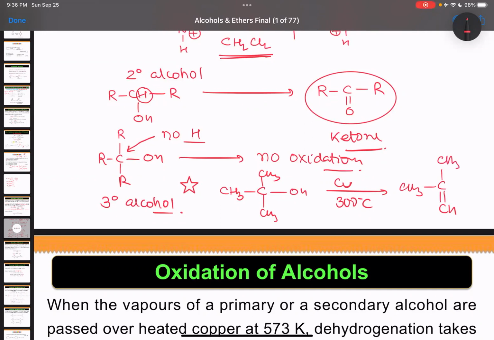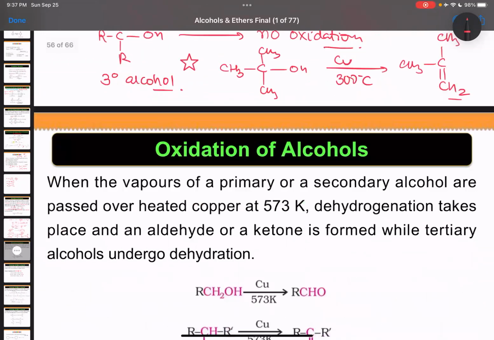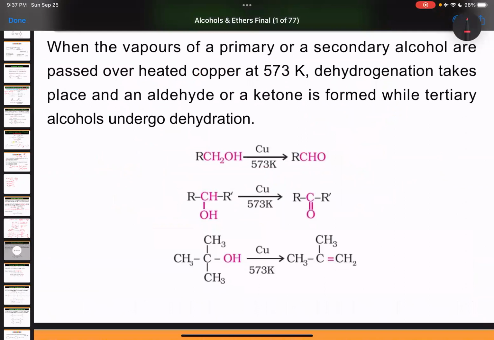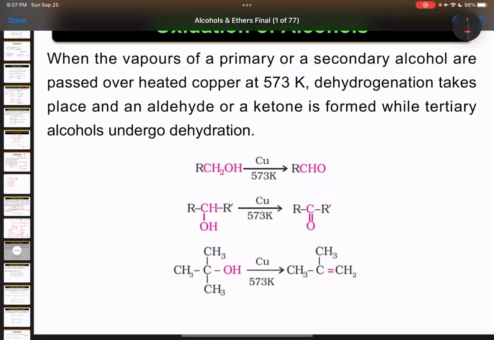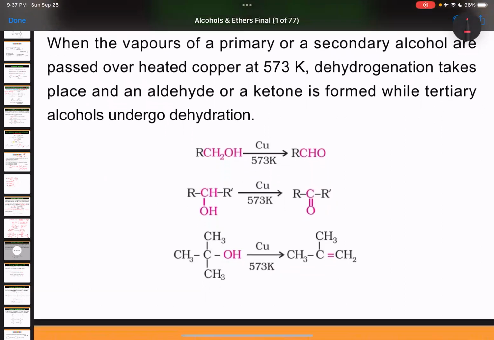Because H can't be removed from the carbon, there is no H in fact, so the H gets removed from the carbon which is adjacent to OH. So that is actually alkene formation. But removal of water is not oxidation. Clear? Yes, sir. So just be careful about it. Very, very important, very basic, important for all examinations.